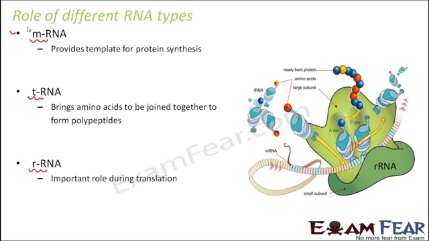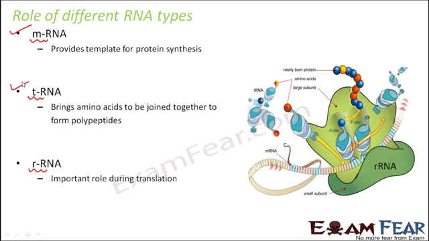Both of them will just bring in the raw material. Messenger RNA will bring in the sequence from DNA. tRNA will bring in the amino acids. But where exactly the process of translation takes place, that is where protein synthesis takes place, the role is performed by ribosomal RNA. Because protein synthesis takes place in ribosomes, and these RNA are present in the ribosomes.